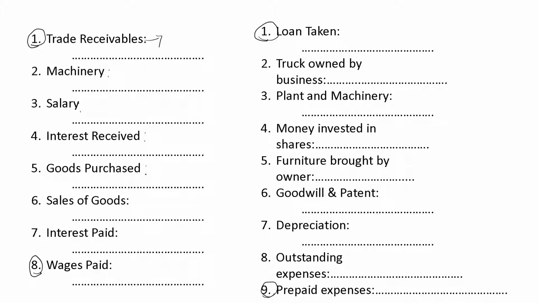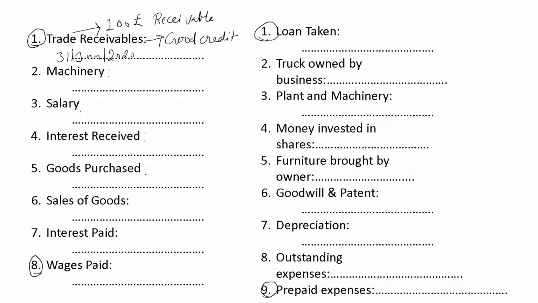So let me give you one example. Let me tell you in which category trade receivable will come. Trade receivable is basically some particular amount, say 100 rupees, which is receivable to the business because the business has sold some goods on credit to its customer. The customer will pay on a predetermined specific date, say 31st of January 2020.